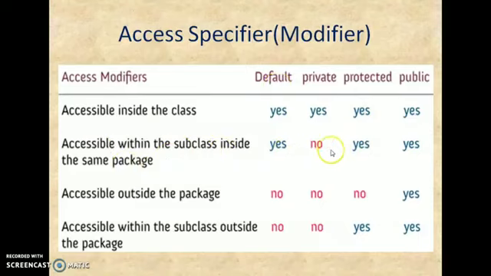In default, yes. Then private, no. Protected, yes. Then public, yes. So, like that. So, this is your representation of how we are going to access the data within a class or outside the class. Then you see the example, then you can understand how the public and private then protected access specifier is used.